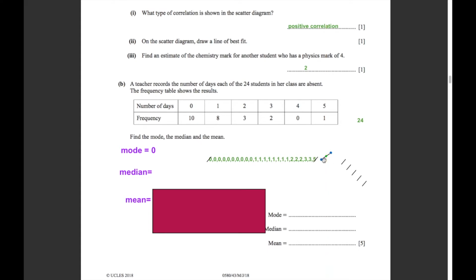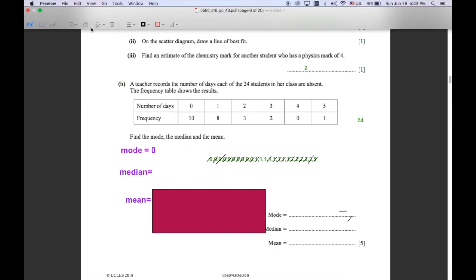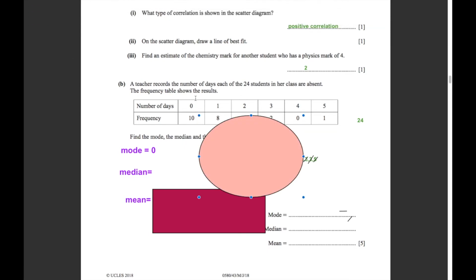You can continue in the same order, or you can say, okay, let me cross 2 from this side, and you can cross 2 from this side as well. And you're just going to continue doing that until you get to that middle number. We have these 2 numbers left. So when you have 2 numbers left, let me just circle.